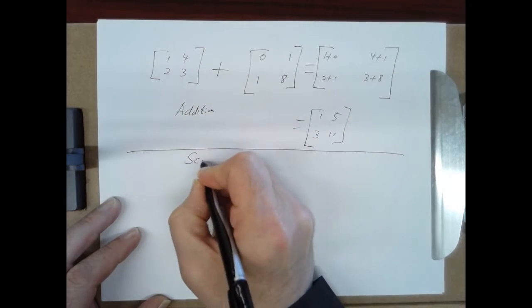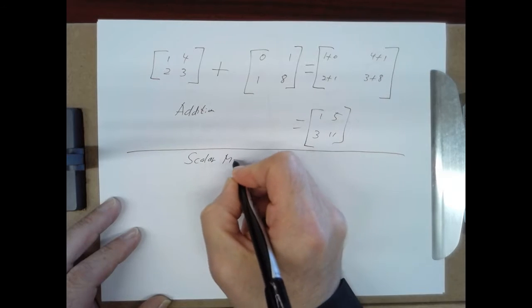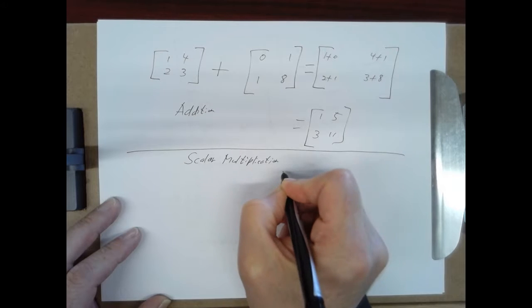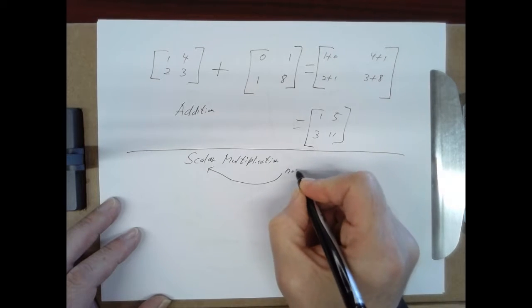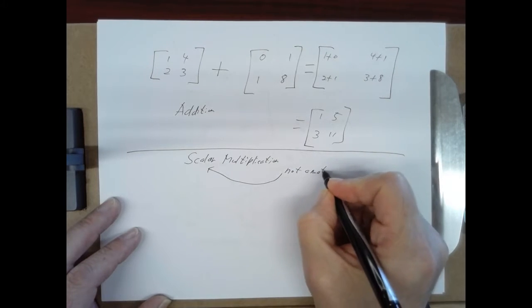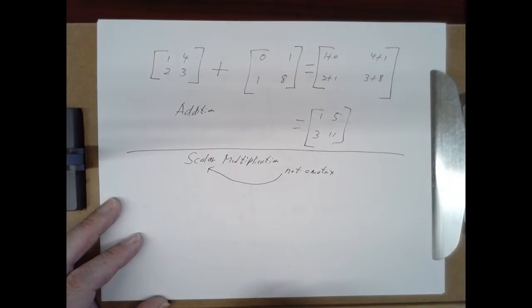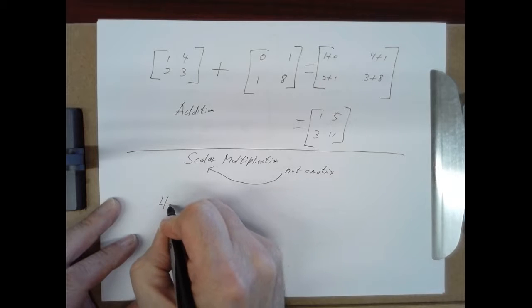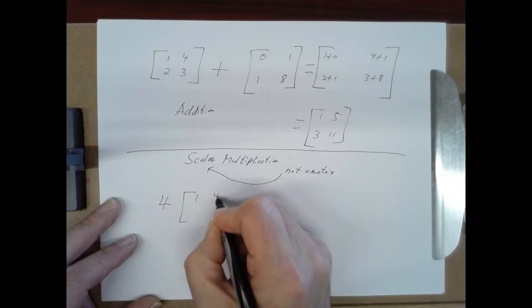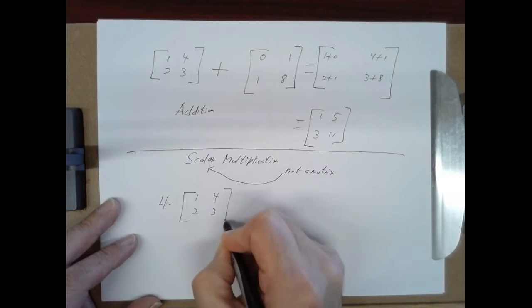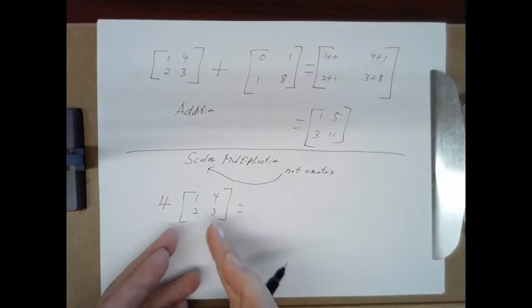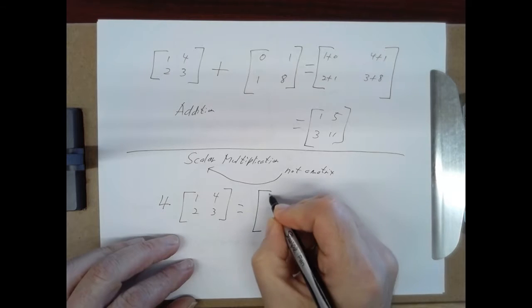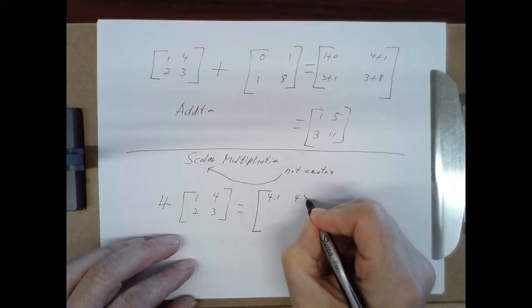And we can do scalar multiplication. So a scalar is basically not a matrix. It's just a number. So for example, if I want to take the number 4 and multiply this matrix by it, it's the same thing as adding this matrix to itself 4 times, which is just multiplying each element by 4.